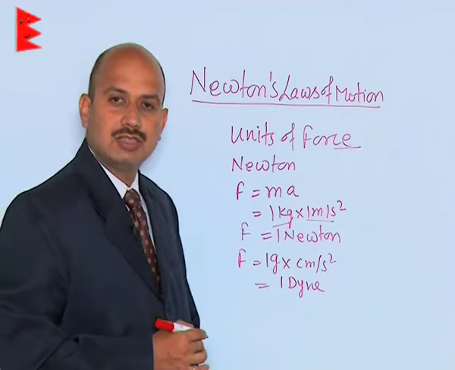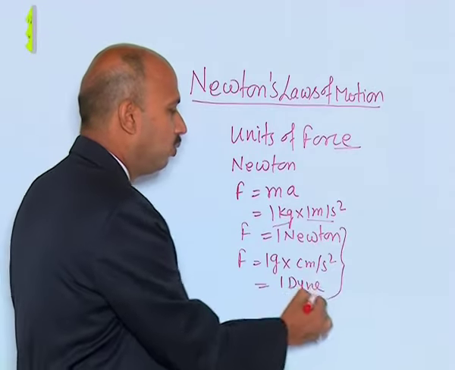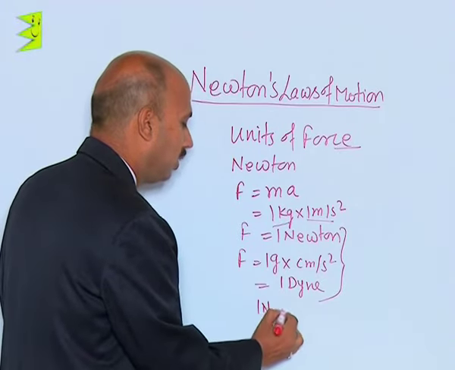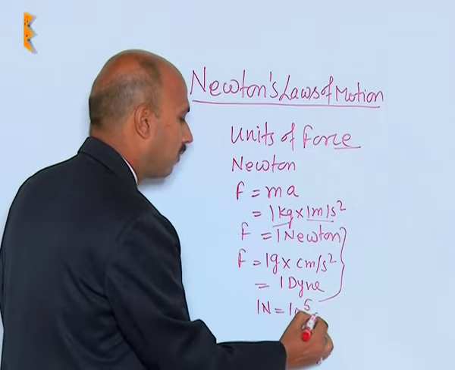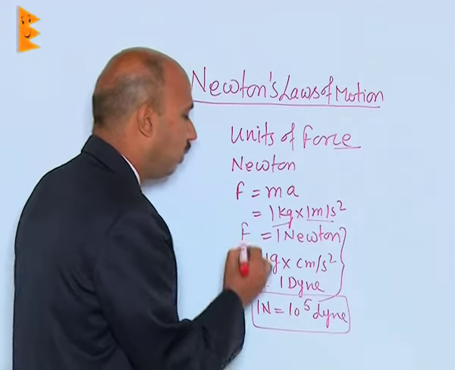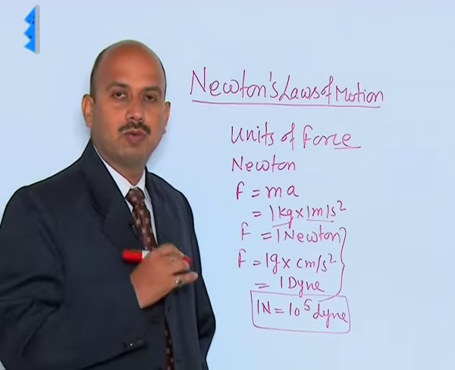So this is the CGS unit. When you take these two quantities and their relation, you can write 1 Newton is equal to 10 raised to power 5 dyne. So these are the two absolute units of force.